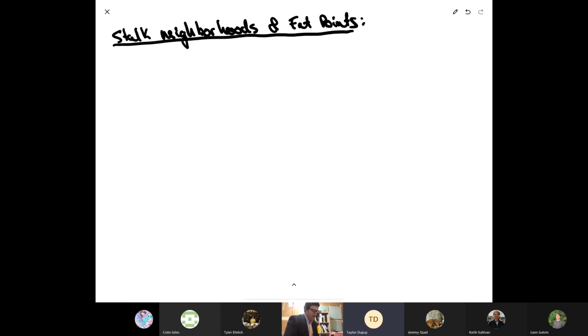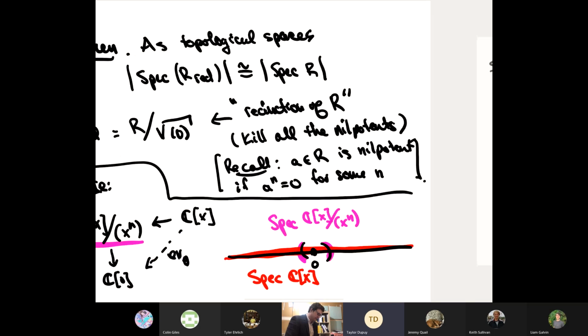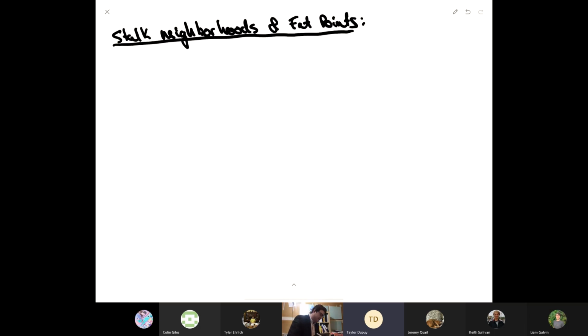Fat points, again, remember, they're infinitesimal thickenings. So we defined what an infinitesimal thickening is, so let's give a definition.